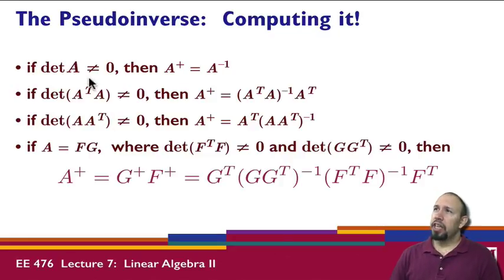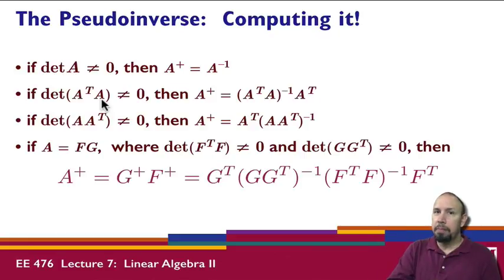So it turns out that the only time these three methods of computing can be used is if the matrix is full rank. Full rank means all the columns are independent, or all the rows are independent. In this case, all the columns are independent.